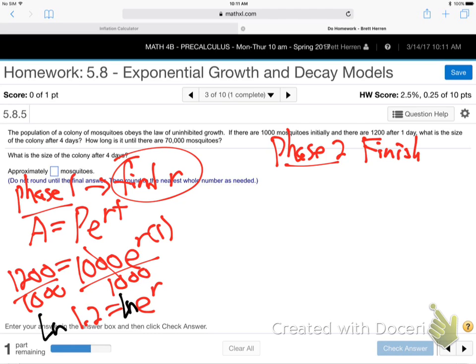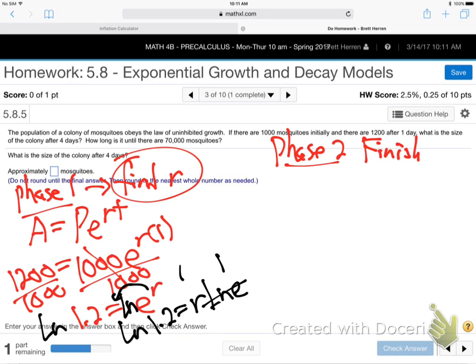Natural log on both sides. The R comes down. Natural log 1.2 is R ln E. And that's just 1. So R is natural log of 1.2. I'm just going to leave it like that rather than get some long, ugly decimal. That's R. We good so far? So that's the end of phase 1.